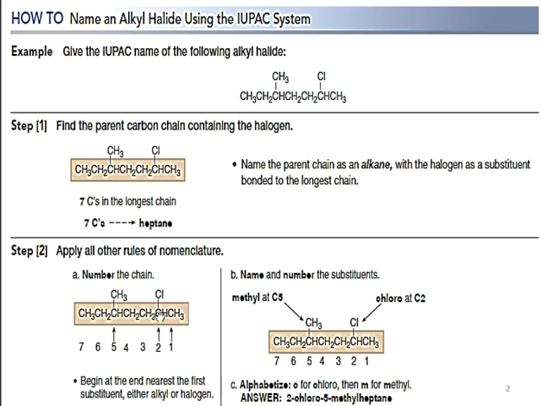Here the chloro takes the lower number, so we number 1, 2, 3, 4, 5, 6 like that, and the reverse is incorrect. Then it will be 2-chloro, because we have chlorine on carbon number 2, 5-methylheptane.